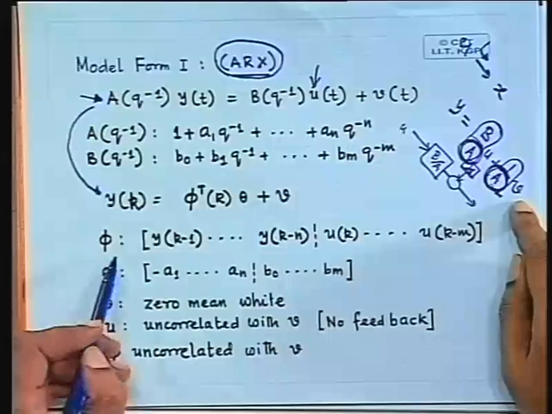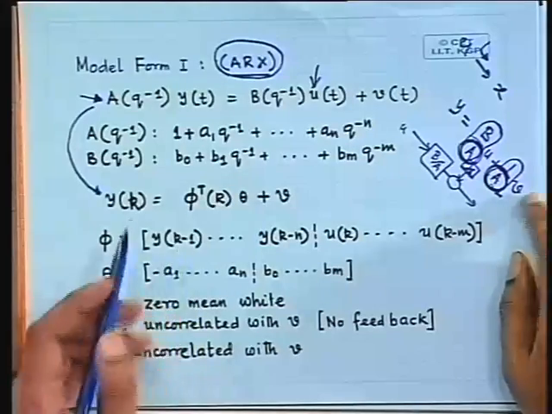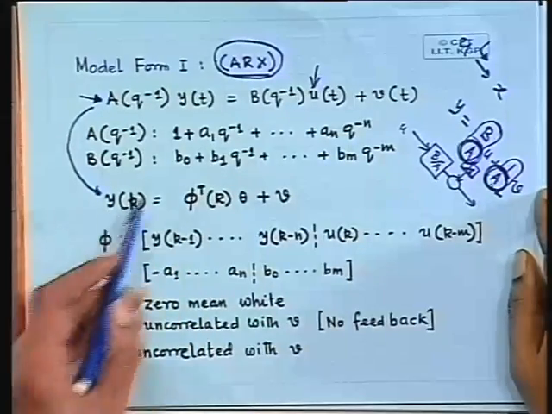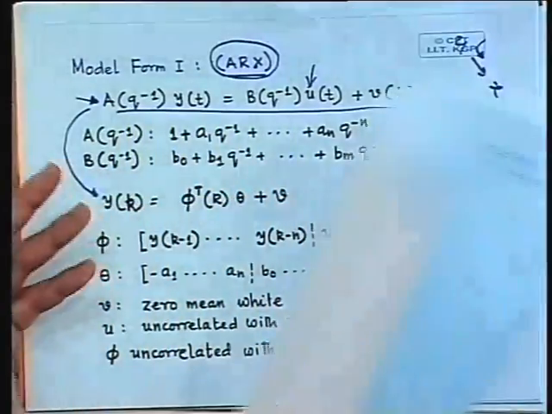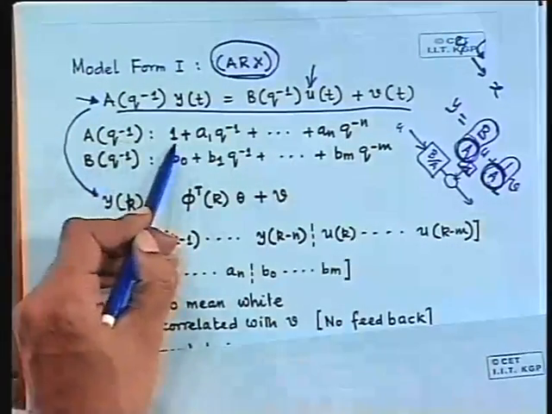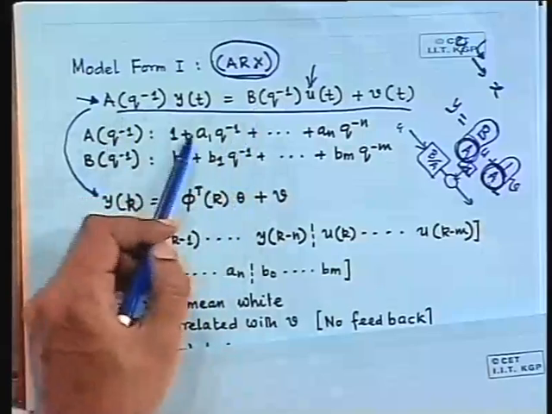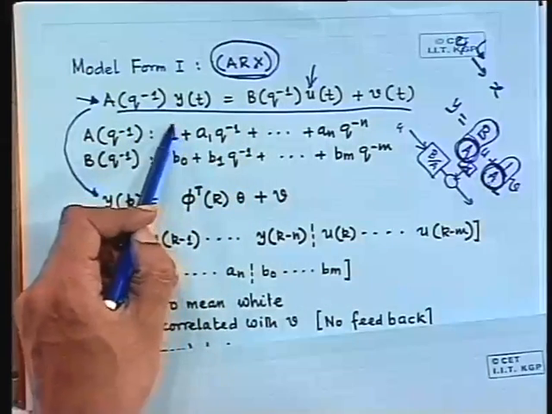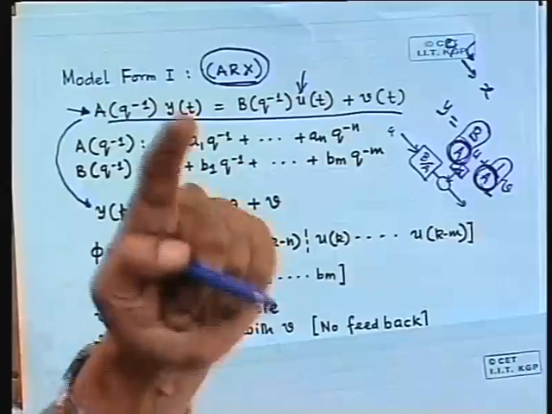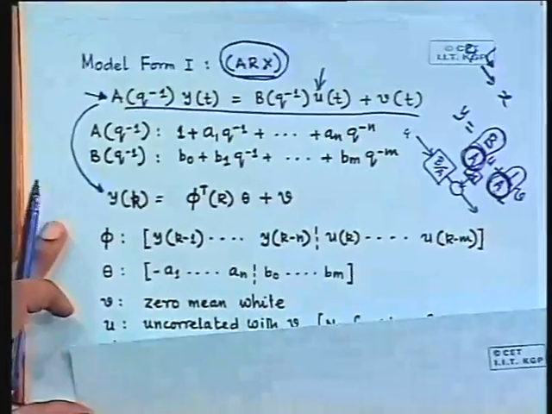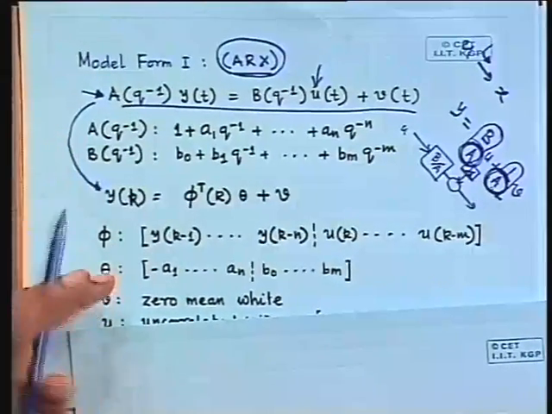For example, phi can be this. If you write it in time domain, what will it become? One of the parameters of A and B you can normalize. So I have chosen to normalize a0 as 1. Any one parameter can be normalized. That is the usual custom.